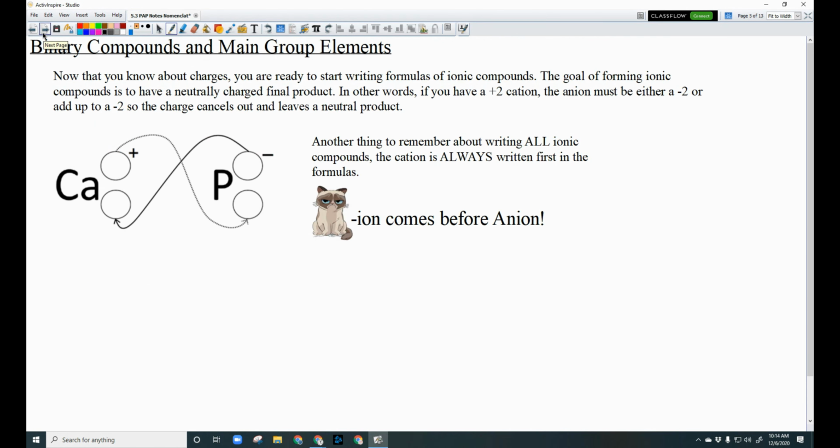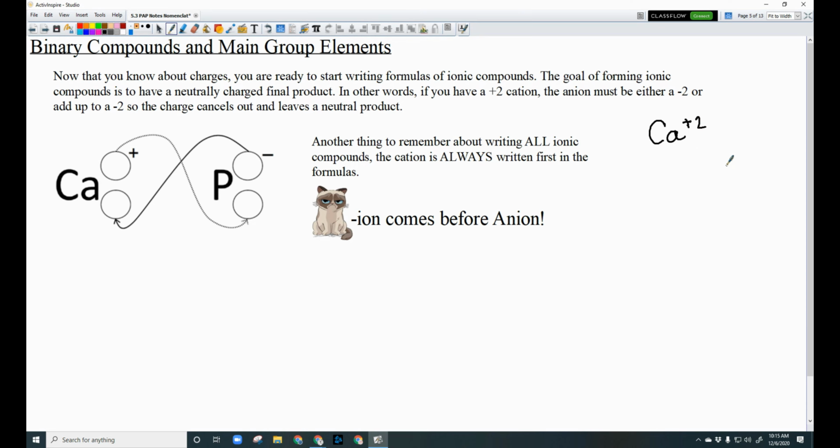All right, so just to review swap and drop, now that you know about charges and you're ready to start writing formulas for ionic compounds, the goal of forming ionic compounds is a neutrally charged final product. In other words, if you have a +2 cation, like calcium, the anion over here either has to be a -2 or needs to add up to -2 to cancel out this charge.